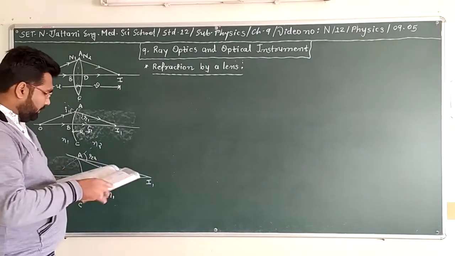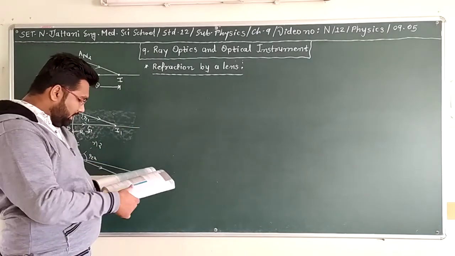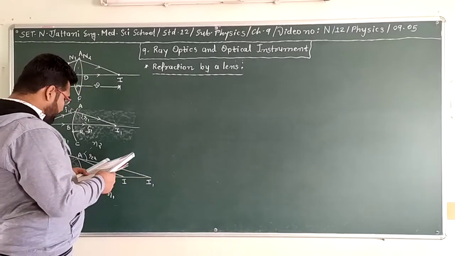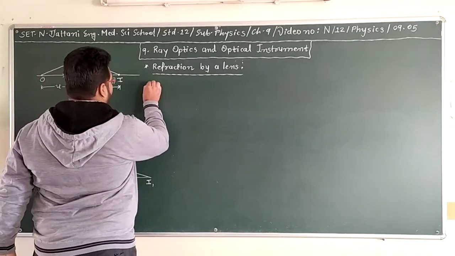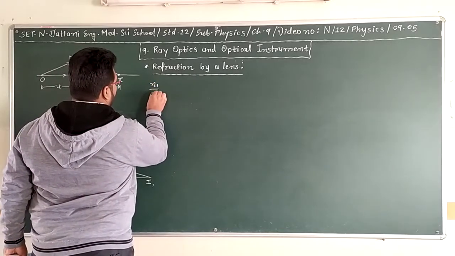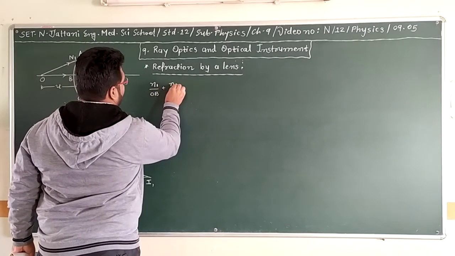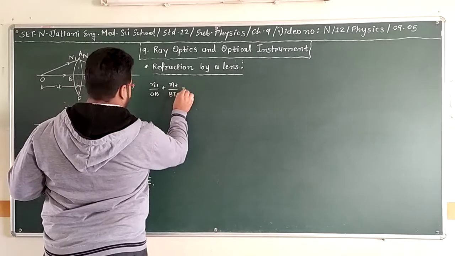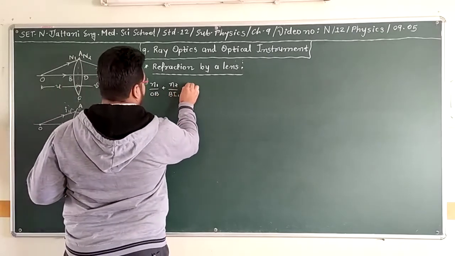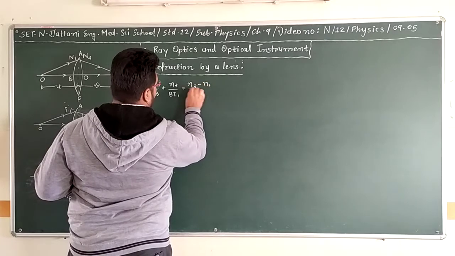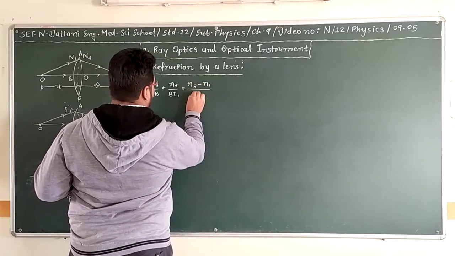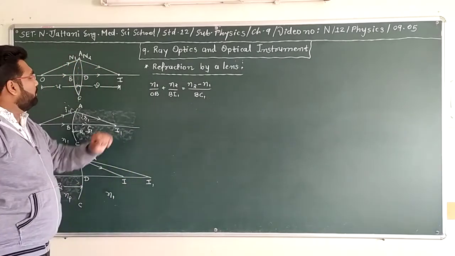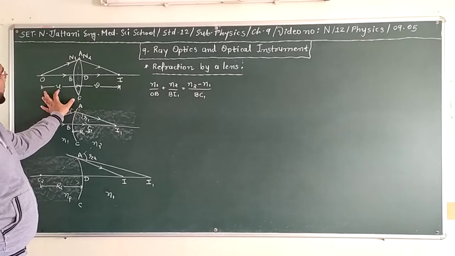First of all, we will write the formula: n1 upon OB plus n2 upon BI1 is equal to n2 minus n1 upon BC1. OB means the object distance u.